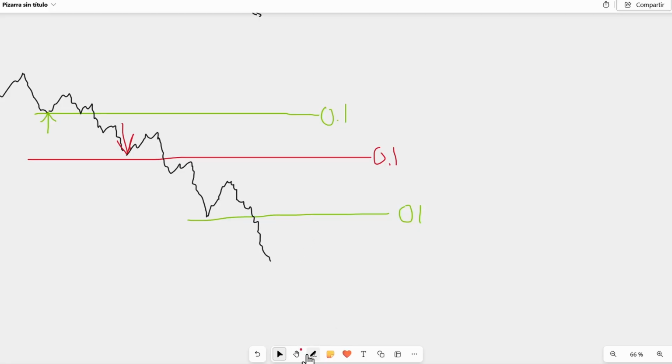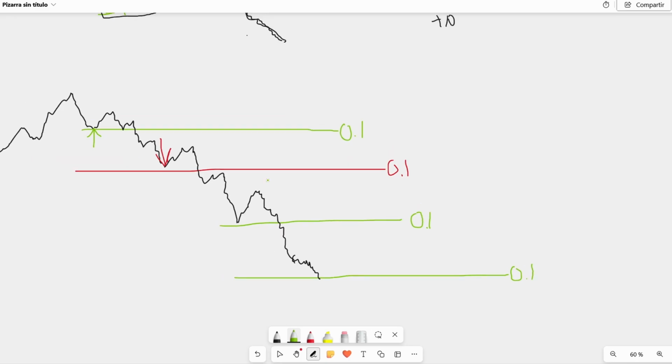So what you're going to do is make a new buy over here, 0.1. Price reaches the next level, and you make a new buy there of the same lot, 0.1. For the example, I'm using the same distance.